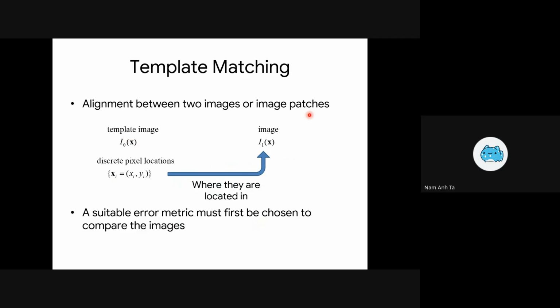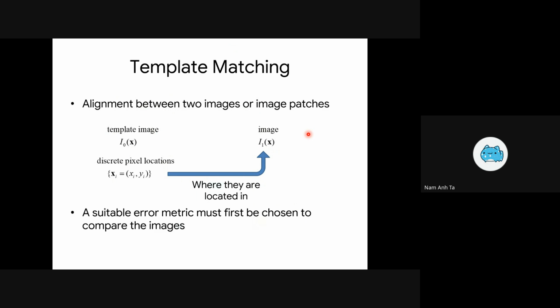The right-hand side is the target image, where the search will happen. We will take a set of pixel coordinates from the template, and then find where they move in the target.